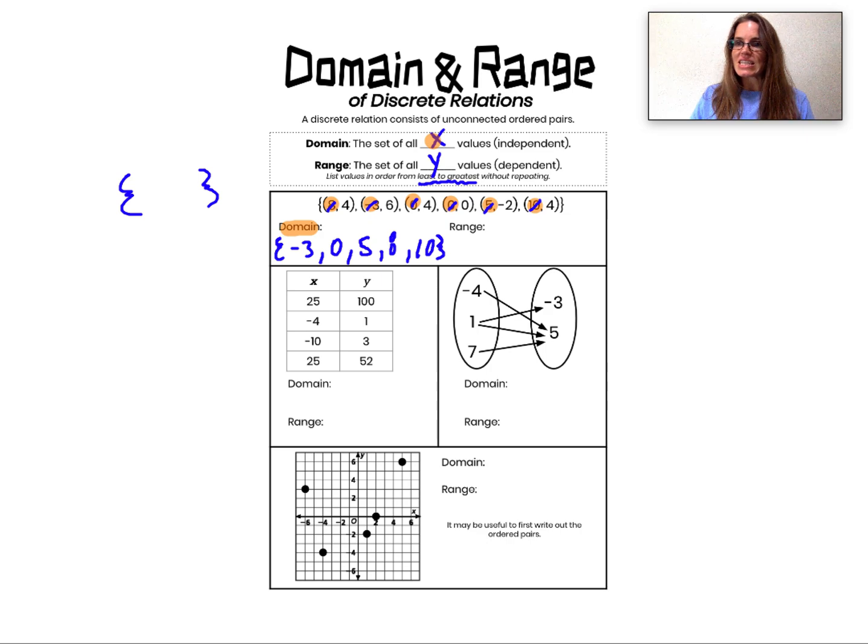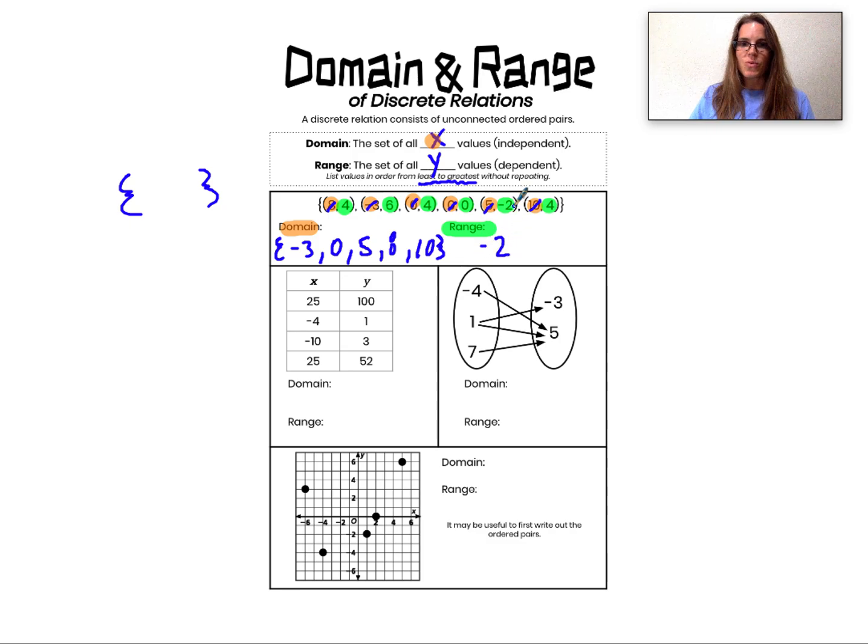The range is the list of all possible y values. So my y values are 4, 6, there's another ordered pair with 4, 0, -2, and then there's a third ordered pair with y equal to 4. I'm going to write those possible y values from least to greatest.